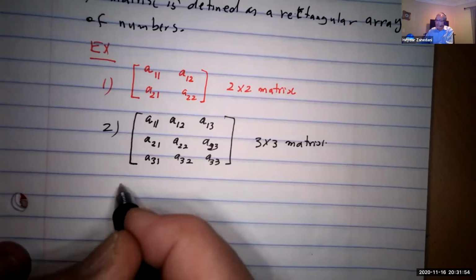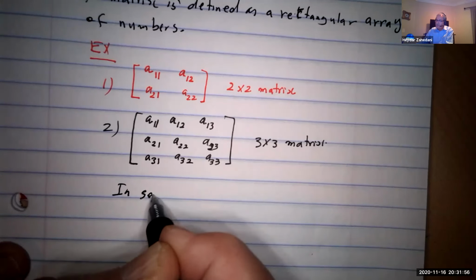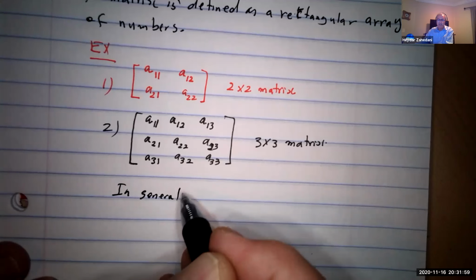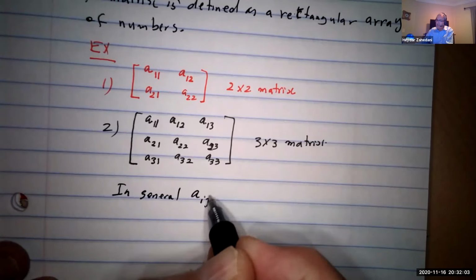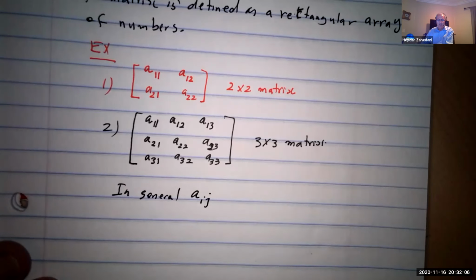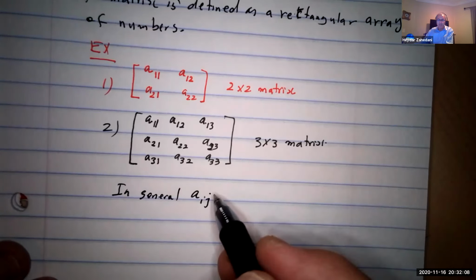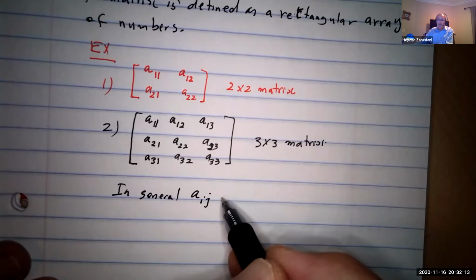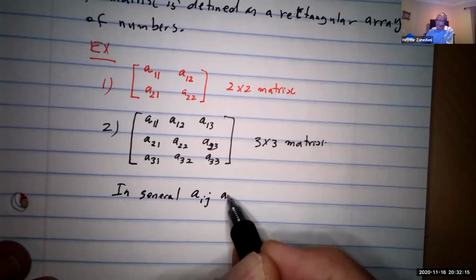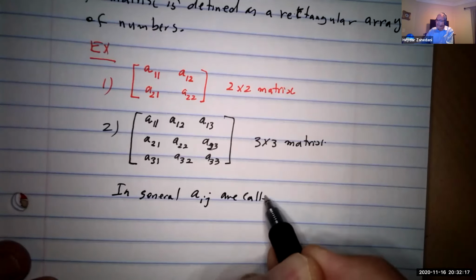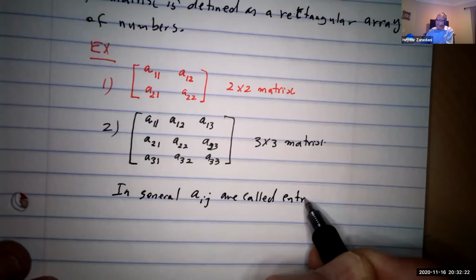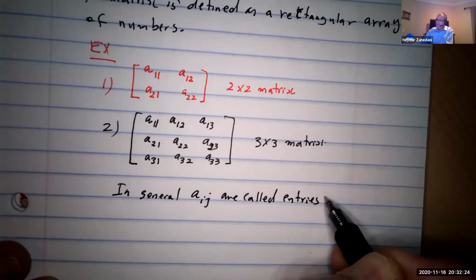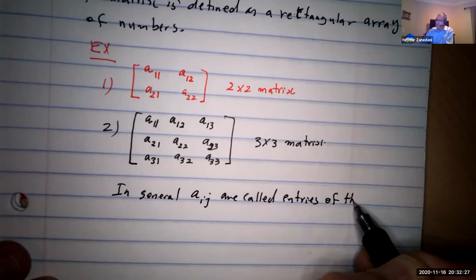So in general, the terms Aij are called the entries of the matrix.